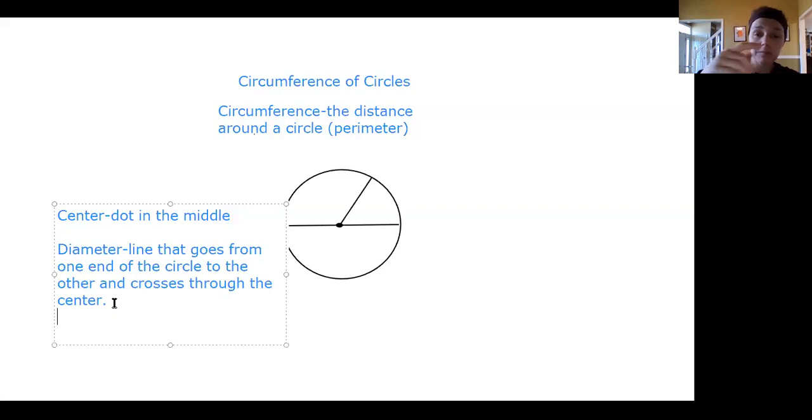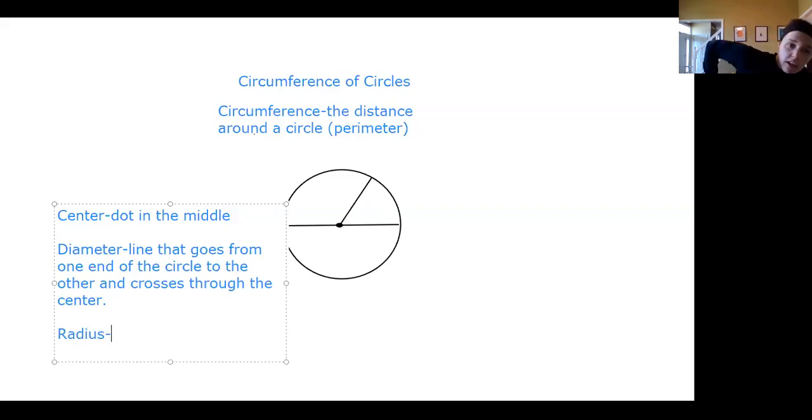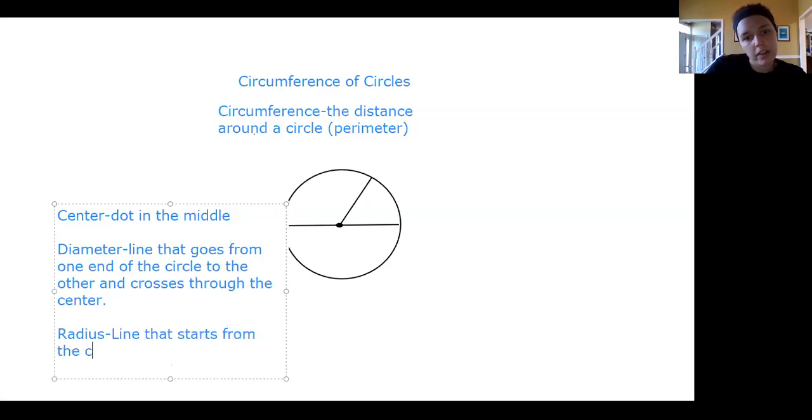Then the little line right here, that's called our radius. So our radius is a line that starts from the center of the circle and goes to the edge.